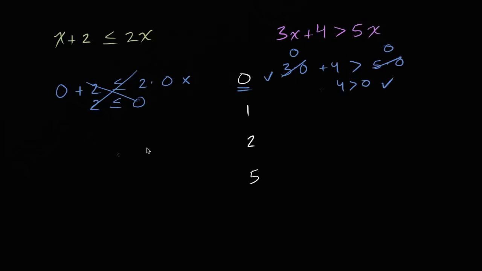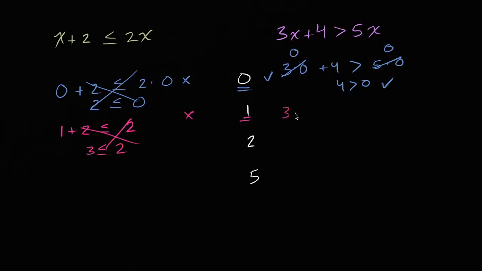Now let's try out 1. So to satisfy this one, 1 plus 2 needs to be less than or equal to 2. See, 1 plus 2 is 3. Is 3 less than or equal to 2? No, 3 is larger than 2. So this does not satisfy the left-hand inequality. What about the right-hand inequality right over here?